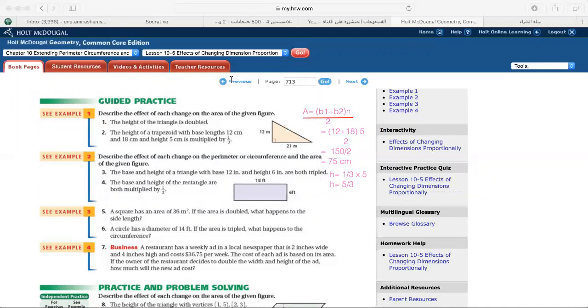Let's now substitute the values of base 1, base 2 and the new height in the area of the trapezoid. So base 1 is 12 plus base 2 is 18, multiplied by 5 over 3, all over 2.